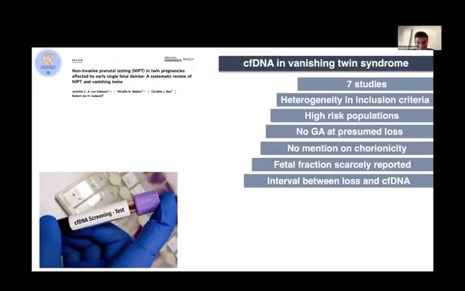They do not mention chorionicity. They do not mention fetal fraction, and most importantly, most of them, if not all, just one, if I remember well, do not report the presumed interval between the loss and cfDNA analysis, which I will tell you about in a second. It might be of significant importance when we apply such tests to a pregnancy with a vanishing twin.